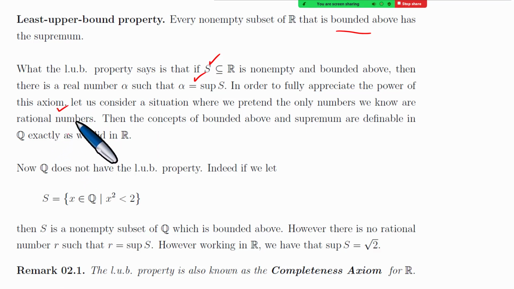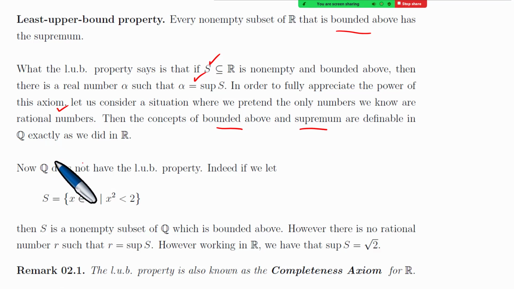We just assume we are dealing with rational numbers only, and we do not use other numbers. Then the concepts of bounded above, supremum, and infimum are definable in Q exactly as we did in R.